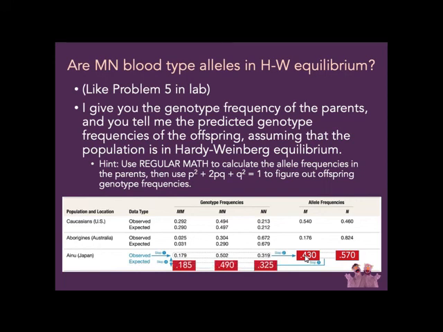Let's compare. Are the expected genotype frequencies the same or different than the observed ones? They're looking kind of different, but not quite sure. It's a little bit hard to tell. We would probably need to use a chi-squared test to determine if the difference between the expected and the observed was large enough that we would consider the population not to be in Hardy-Weinberg equilibrium.